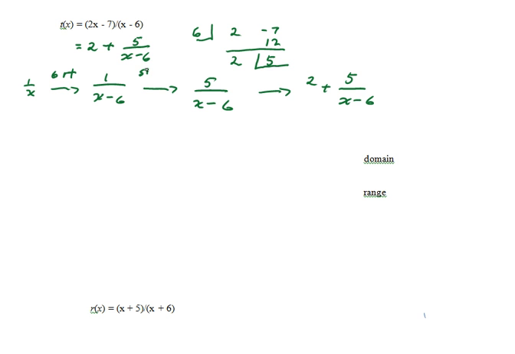We'll be stretching vertically by a factor of 5, and we'll be going up 2. So our vertical asymptote will be x equals 6.